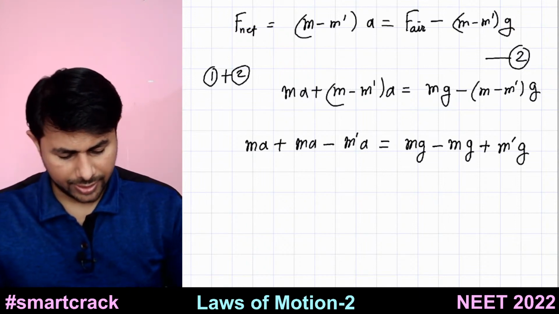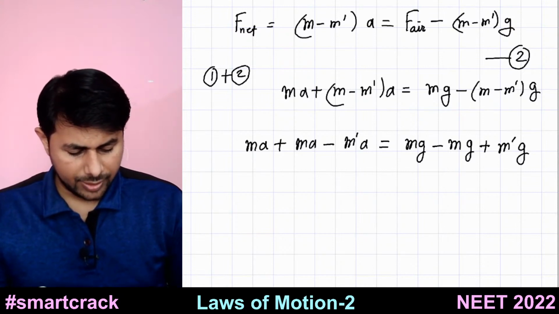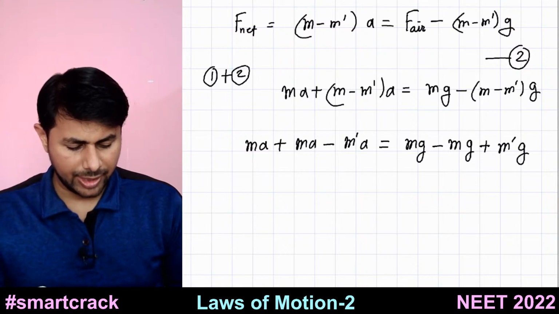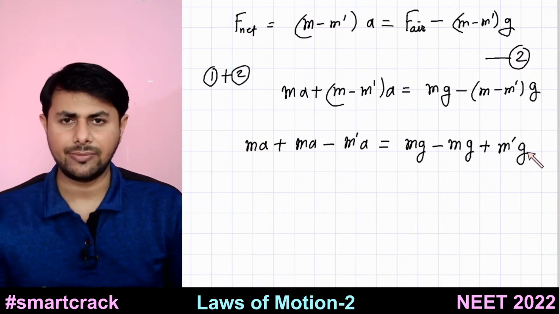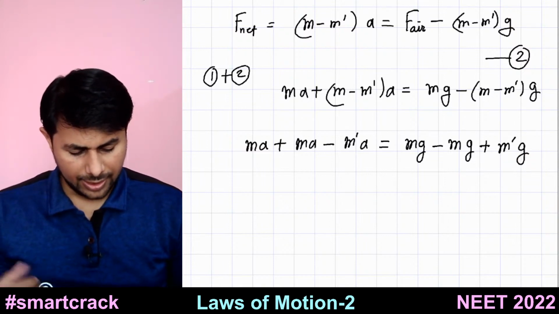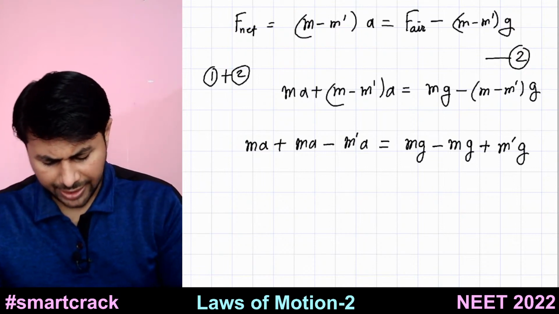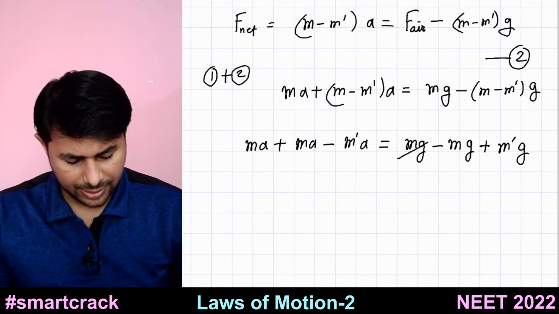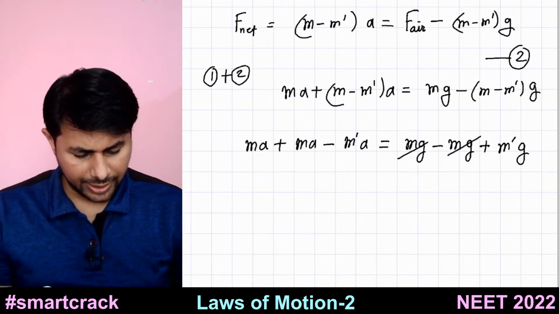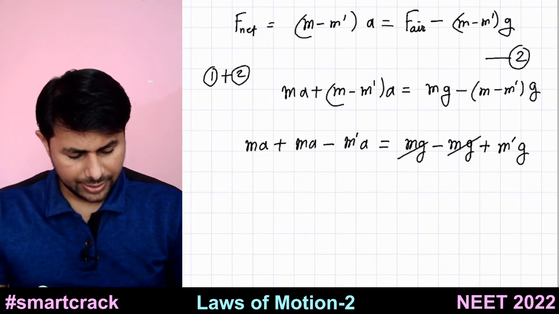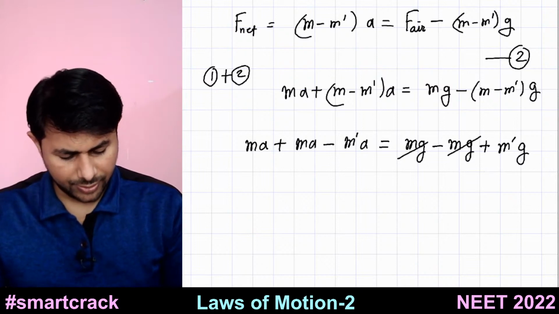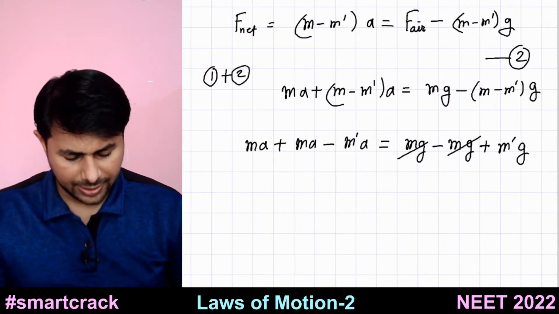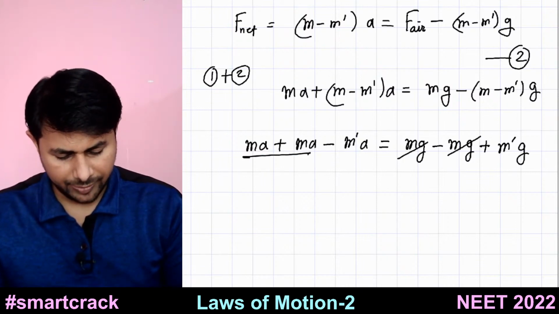Okay, from this one you have m times g, and minus and minus becomes plus, so plus m prime times g. Then mg and mg get cancelled out. You have to find this m prime, so take m prime on the left-hand side and m on the right-hand side, so it is 2 times m into a.